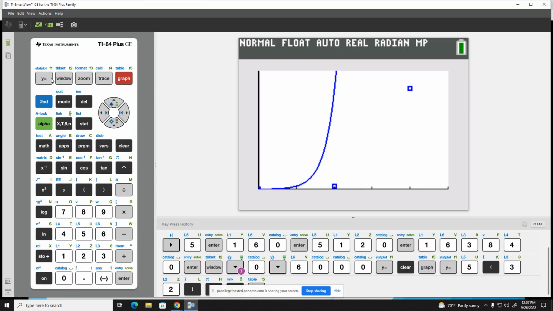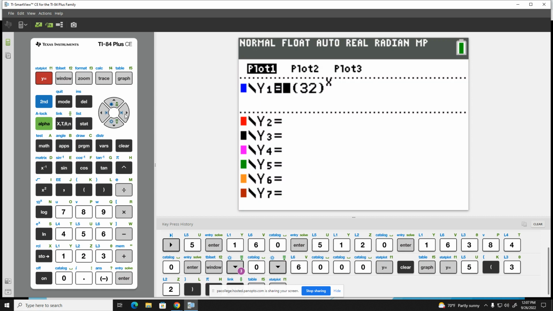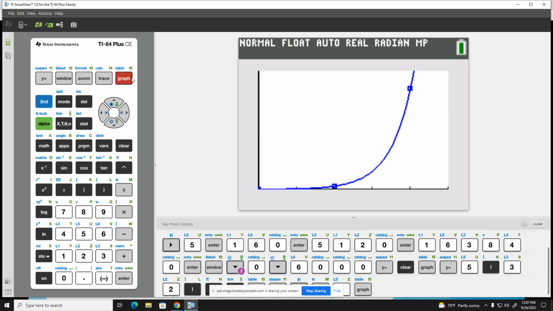So I'm going to go in to my y equals, over here to my exponent, and put in a divide by 2. Now, if you have an older calculator where you don't have an exponent font, you are going to need parentheses to pull that off. And so now I'll hit graph again. And this stretched my graph out because it stretched the time out.